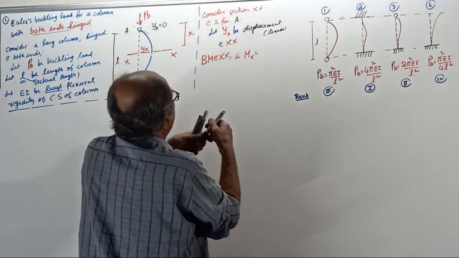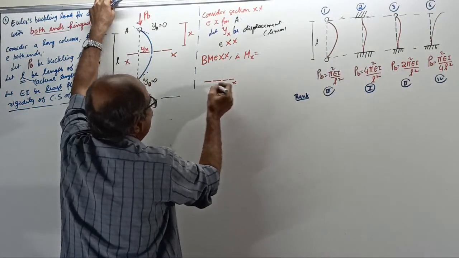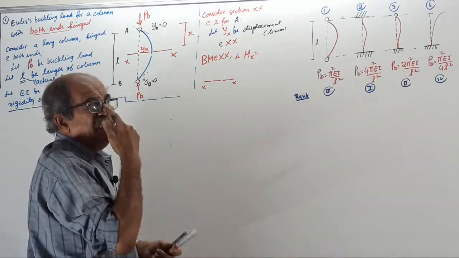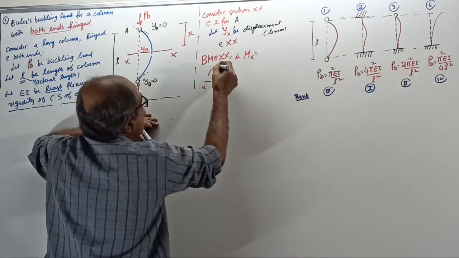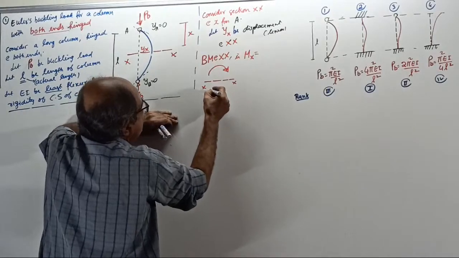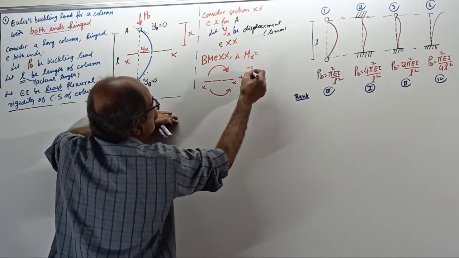One sign I require. If this is xx, I can take this is the BM, and this is the BM here. This I will take positive.